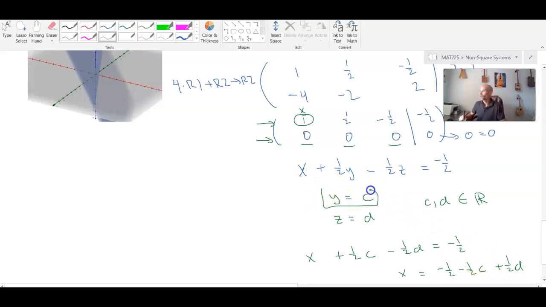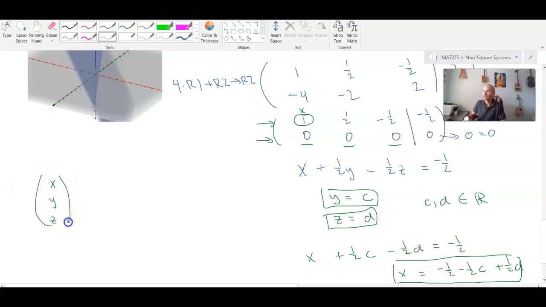I've got my value for y, I've got my value for z, I've got my value for x, and I'm ready to write my solution. x, y, z equals, so x is going to be this fractional expression here. y is going to be c, and z is going to be d.